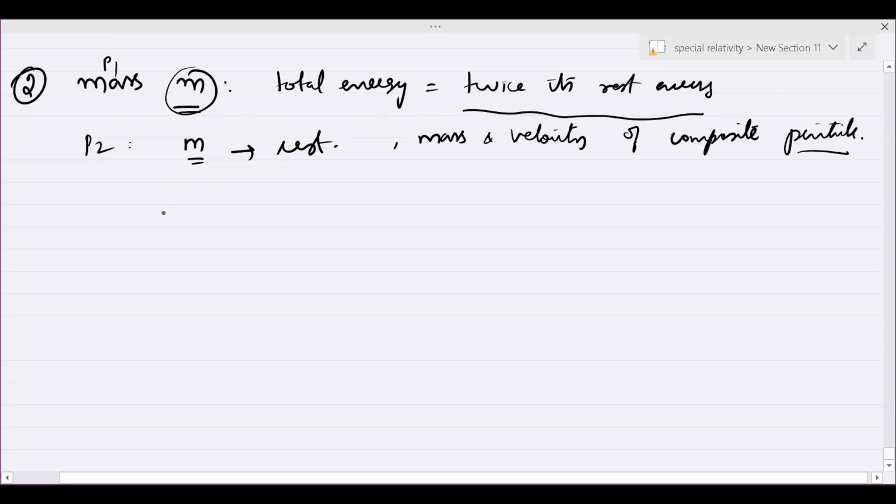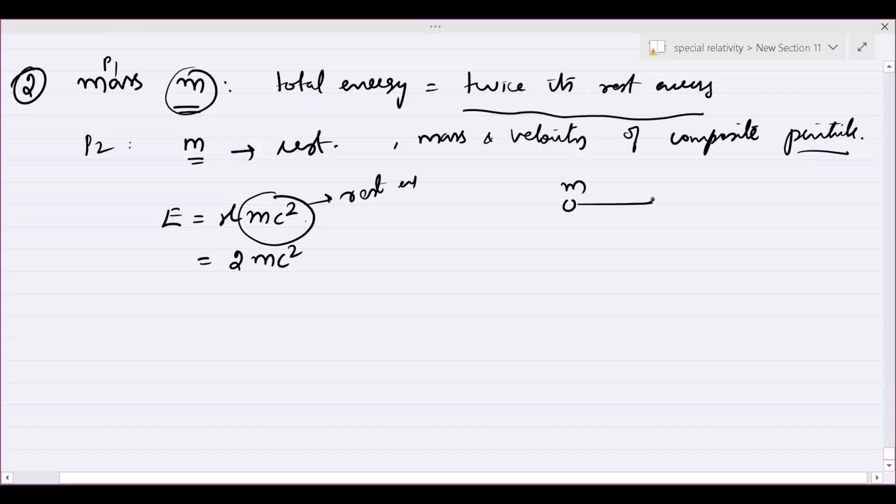One way to do this is to take E equal to gamma mc squared. They have given that this is twice its rest energy, and mc squared is the rest energy. So we have a particle with mass m colliding with a particle with mass m at rest, and they stick together.